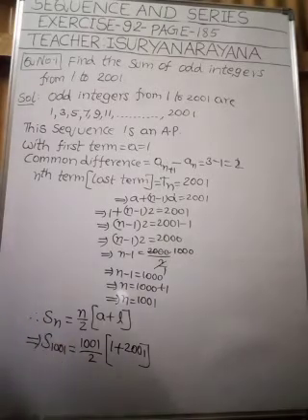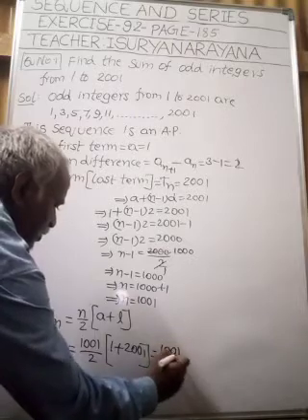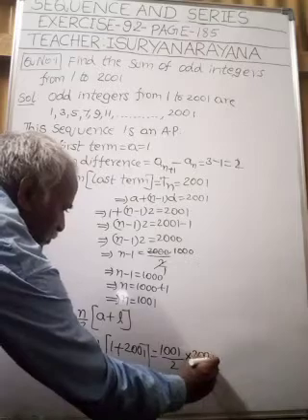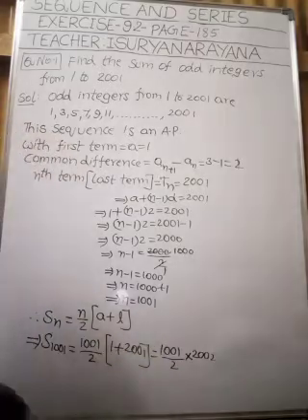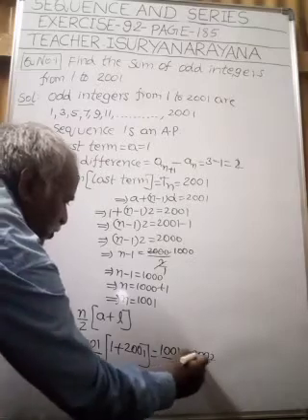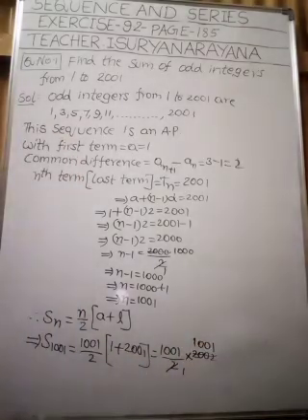Understood this step? That is equal to 1001 by 2 into what will you get here? 2001 plus 1, what will you get? 2002. Yes or no, my children? Right. 2 once 2, 1001 times.